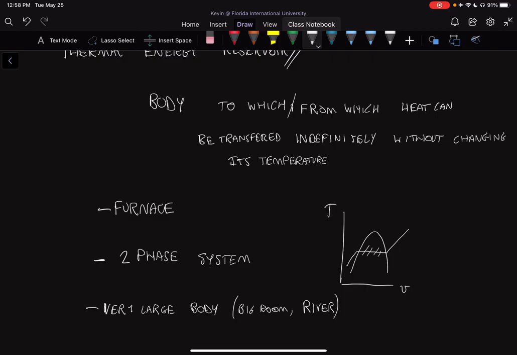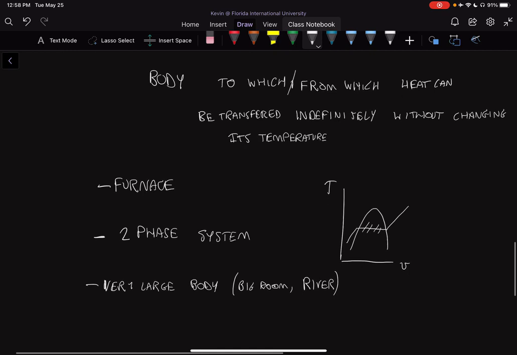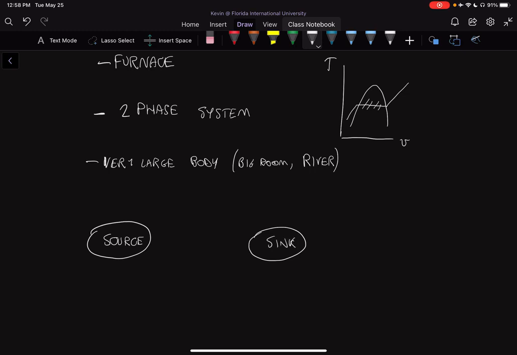And there are two types of reservoirs we're going to look at. We said that there's a body to which or from which heat can be transferred. So we can take heat from the reservoir, or we can transfer heat to that reservoir. And these two types of reservoirs are going to be called a source and a sink. And we use these bubbles to sort of define a source and a sink. A source is a source of heat, so it's where the heat is supplied to something else.